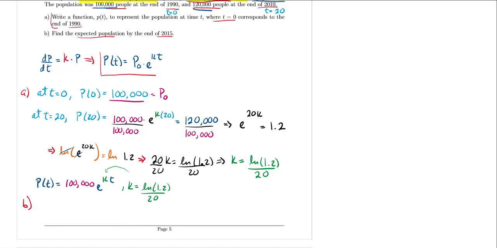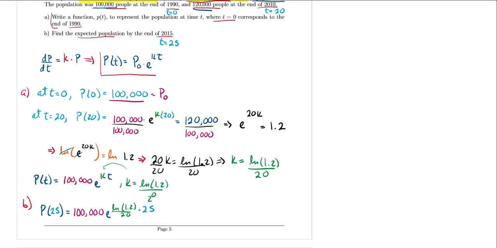So for part B, we want to see what will be the expected population at the end of 2015, but 2015 here corresponds to the t-value of 25. So all that we're looking for is, what is the function evaluated at 25? This is going to give us 100,000 times e to the ln of 1.2 divided by 20, multiplying that exponent by 25.